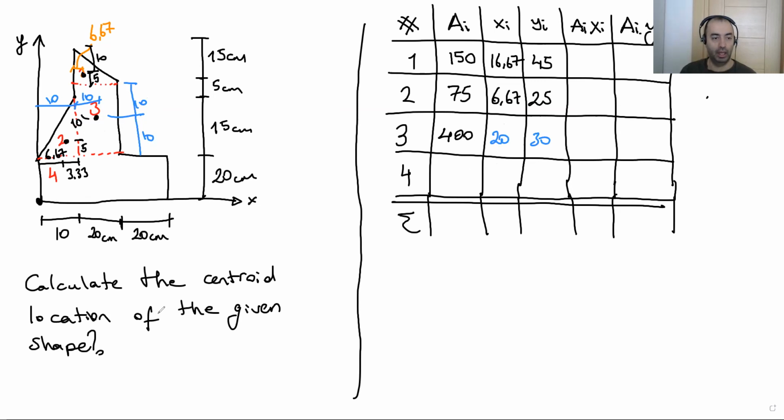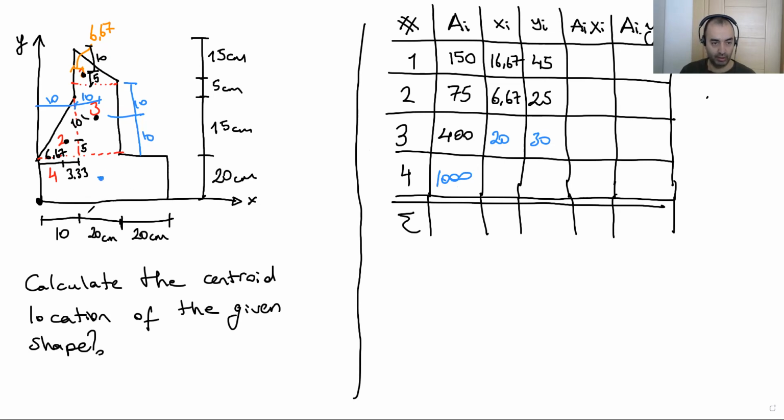And we have the last piece here, the fourth one. Again, we have a rectangle. One dimension is 50, other one is 20, 50 by 20. So calculate the area, 50 times 20, it's 1000. That's okay.